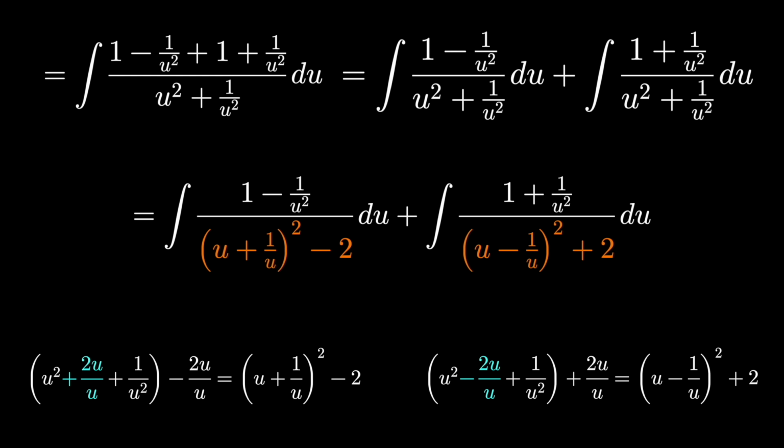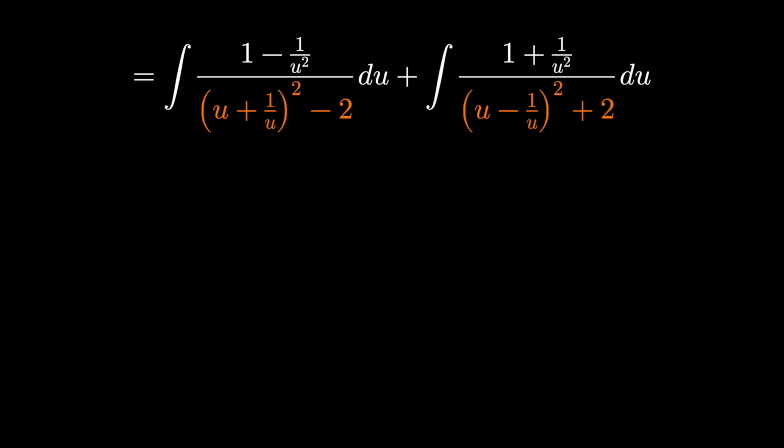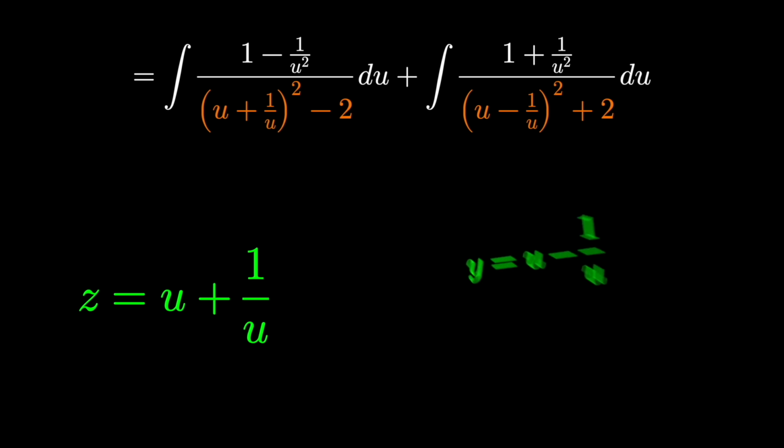That was a ton of jumping through hoops just to get these representations of our integrand. Why do all of this nonsense? Well, it gives us a chance to again use very straightforward substitutions. Let's let z equal u plus 1 over u, and let's let y equal u minus 1 over u.